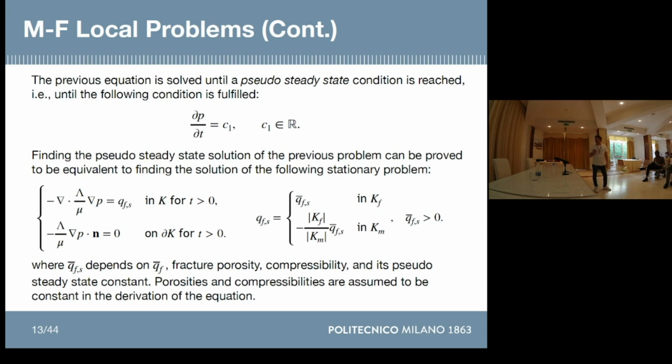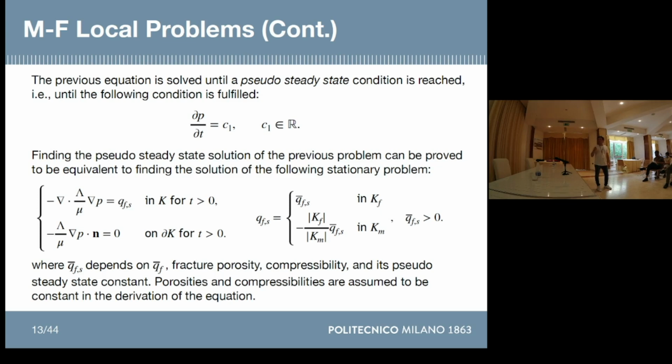But it could be shown that finding the pseudo-steady state solution of this system is equivalent to solving this other problem, which is instead stationary, but has a modified source term, which depends on the previous source term, fracture porosity, compressibility, and the pseudo-steady state constant. It should be noted that porosities and compressibilities are assumed to be constant in all the process of the derivation of the equation.